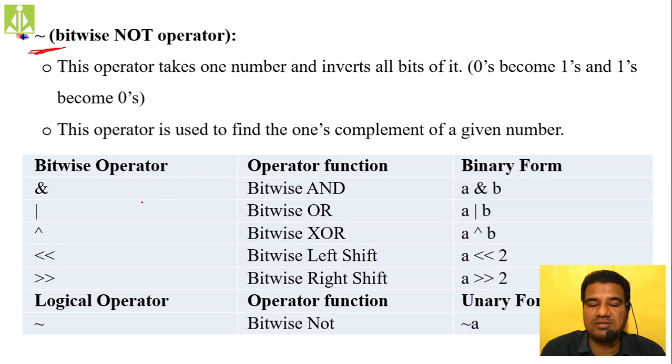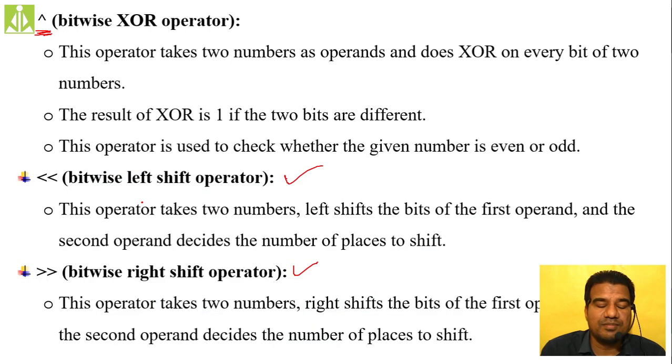Many times they ask this thing, bitwise operators. So in tomorrow's class, because today we discussed binary to decimal and decimal to binary, right? In tomorrow's class we'll be discussing negative numbers, how we can represent negative numbers in binary form.